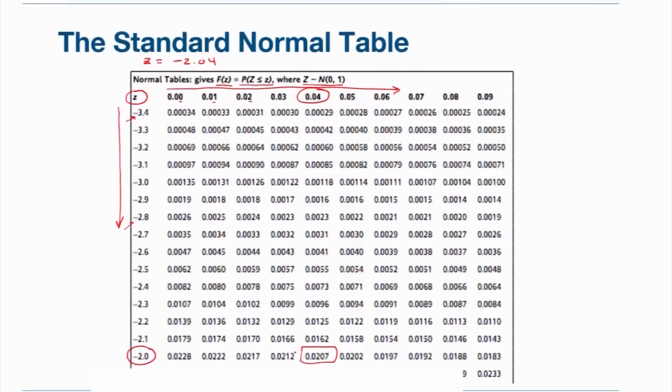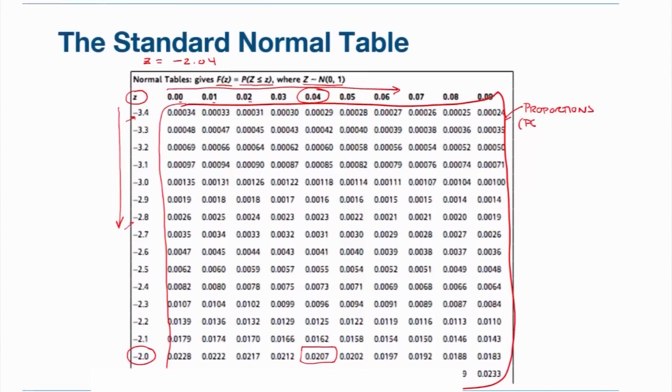Again, we are looking for the proportion of values in this standard normal that would lie below a specific value. Everything in this table are proportions, so percentages.